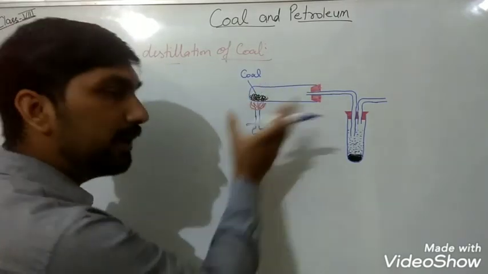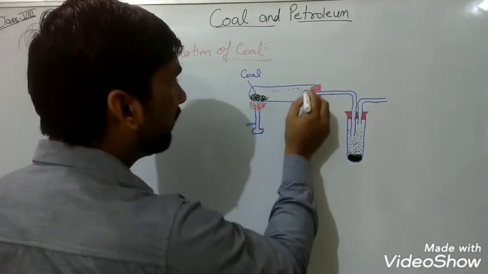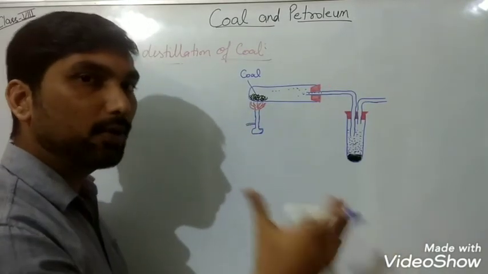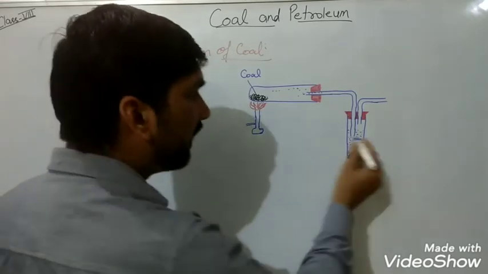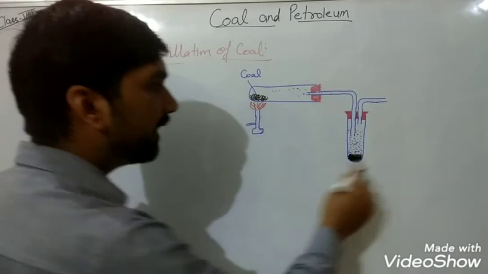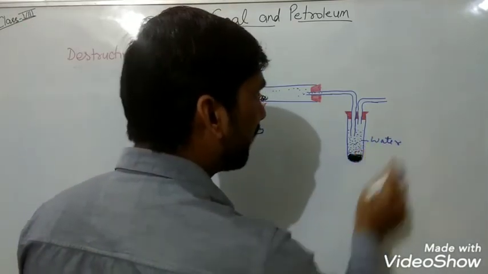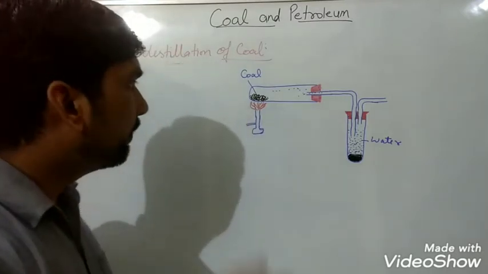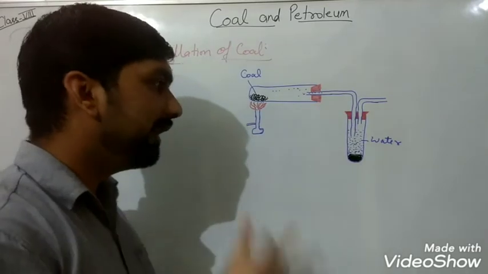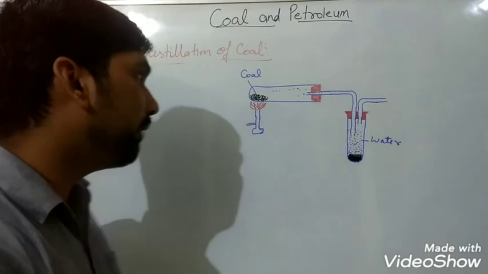So when this coal absorbs heat, the volatile gas will be released from here, and this gas will contain soluble and insoluble substances. Here you can see one more test tube is placed that is filled with water. So when this gaseous form is released from the coal, there may be 2 types of substances, soluble and insoluble.